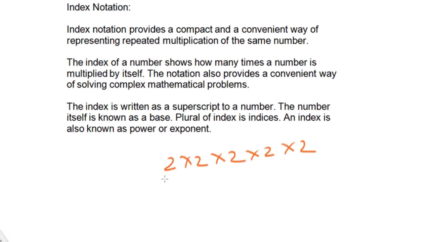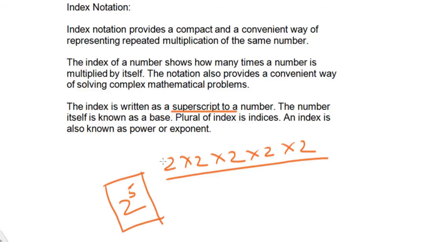So instead of writing 2 these many times and this multiplication sign these many times, you can simply write 2 once only and 5 as a superscript, and that's how you write a superscript. This can also be read as 2 to the power of 5, and what you have done is simply represent this as an index notation.